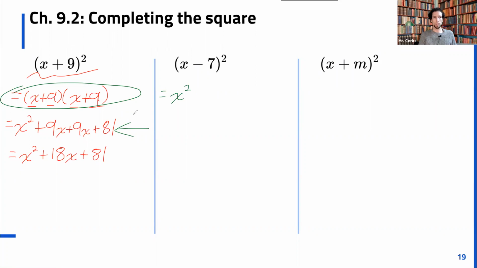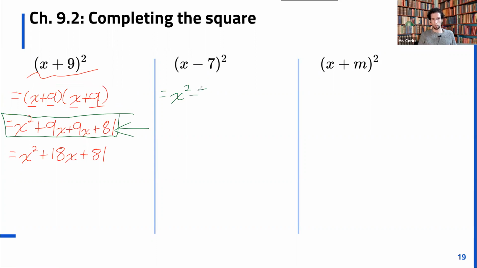I want it to look like this step here on the left. Give me the equivalent of that for this one. Minus 7x. Okay, so minus 7x again. We're going to end up with two of them. And then plus 49. That's the 7 squared there.